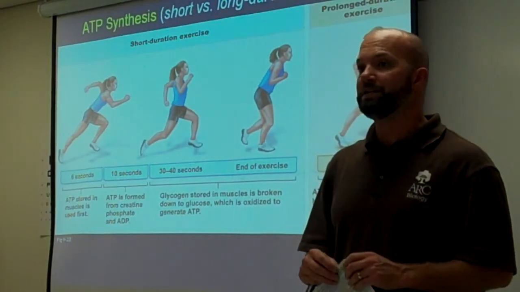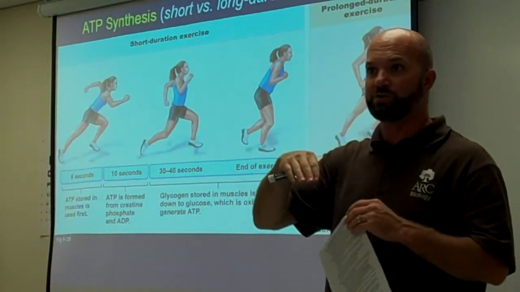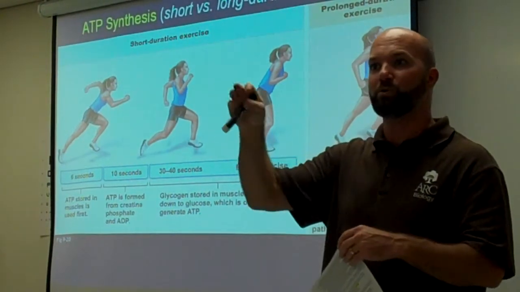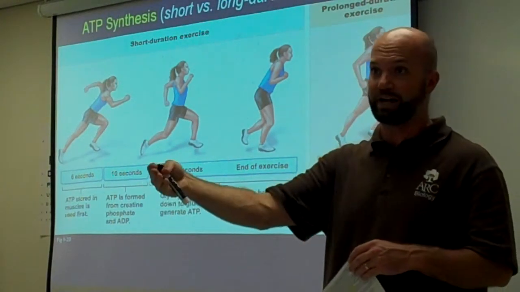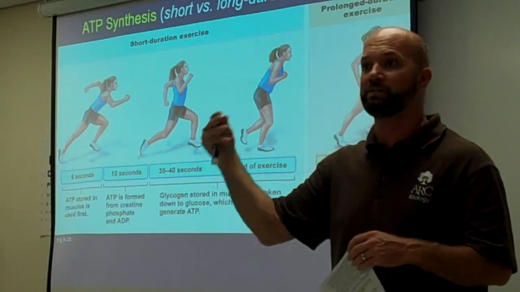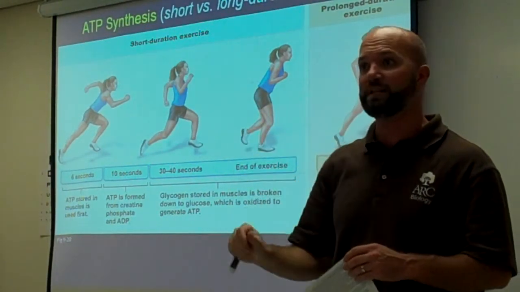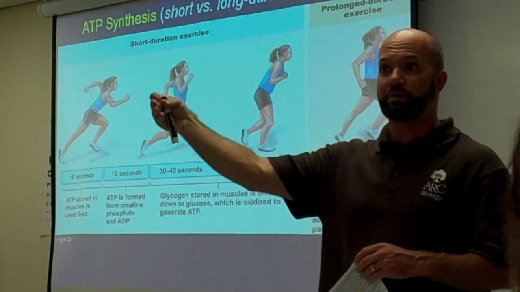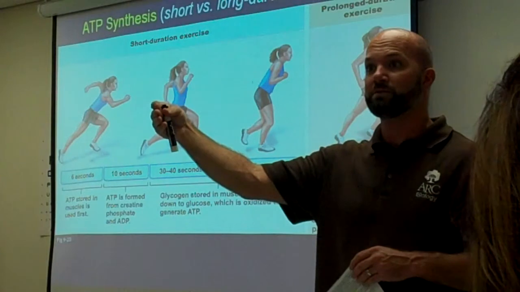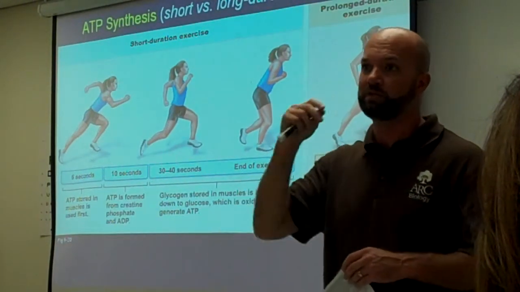Because in the end, even though the nutrient blend might favor glucose because the intensity is high, more of your calories are coming from glucose than fat, the total number of calories that you're going to burn in that 20 minutes is going to be 3, 4, 5 times higher than the low intensity. And so in the end, you might actually burn a lot more fat calories doing the 20 minutes of high intensity instead of 20 minutes of low.